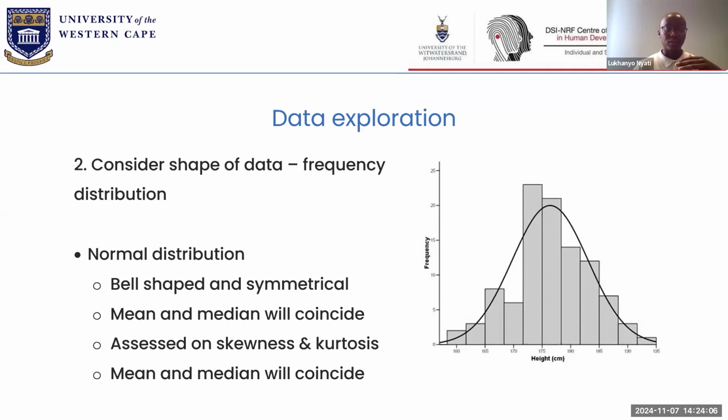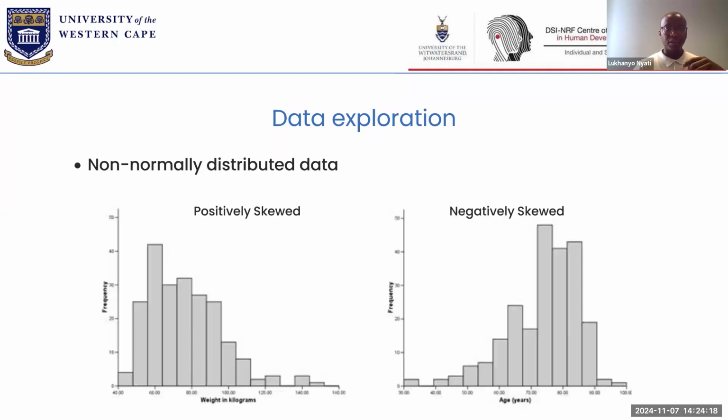And obviously it's not only about the spread, but also about the kurtosis, the thickness of your distribution. All right, and these are examples of data skewness, where you've got, for example, a positively skewed distribution with weight, and a lot of biological characteristics will have this kind of skew, and you have negative skewness as well.